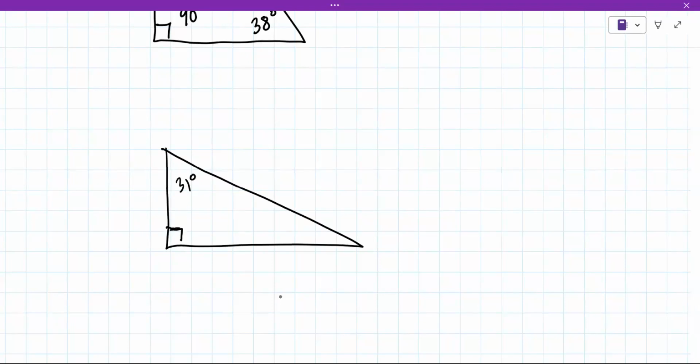What would the missing angle be? 59. It is 59 degrees. Good.